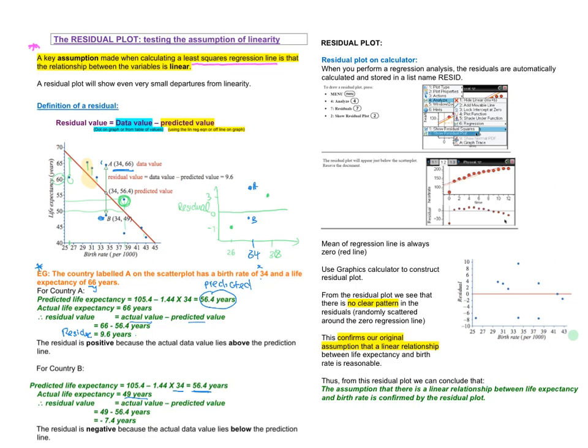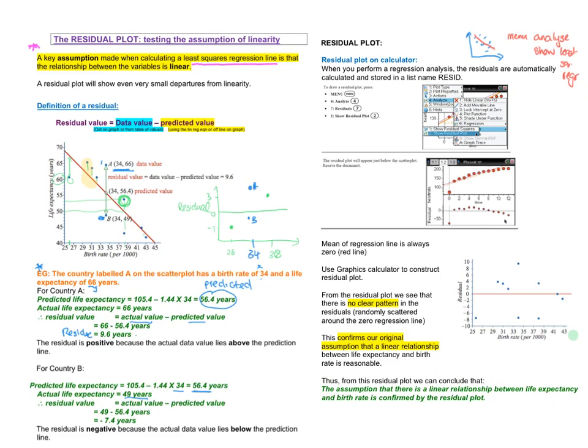Okay, so now we're going to look at how to do the residual plot. Once you've created a scatter plot on your calculator, I'll do this in class and show you. To get the residual plot, you have to put the regression line on your scatter plot. The way you get that is you go menu, analyze, show regression, least squares regression, and you'll get this line on your scatter plot.